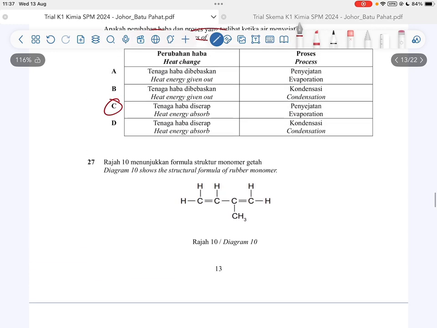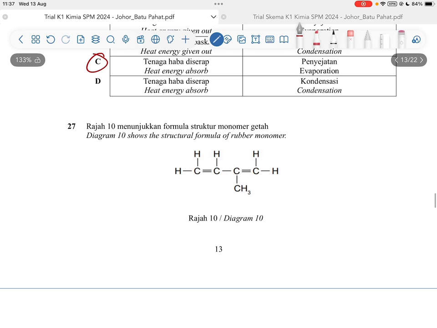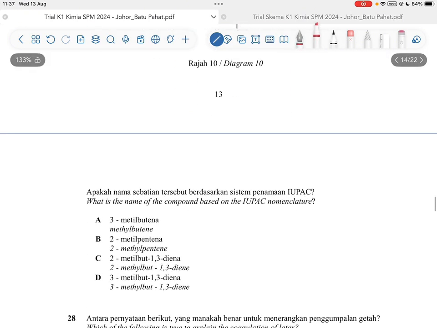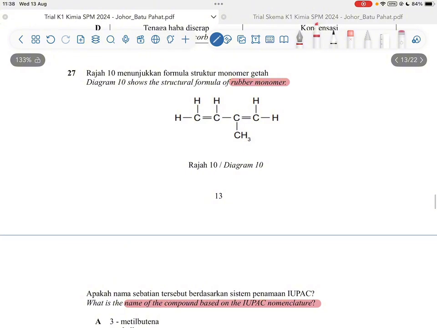Okay. Question 27 is also an IUPAC name identification question like the previous question. This is a structural formula for the rubber monomer. The question is asking you to identify the name based on the IUPAC nomenclature. In this case, we can see that there is a double bond. When there is a double bond, the parent chain must also contain its functional group.